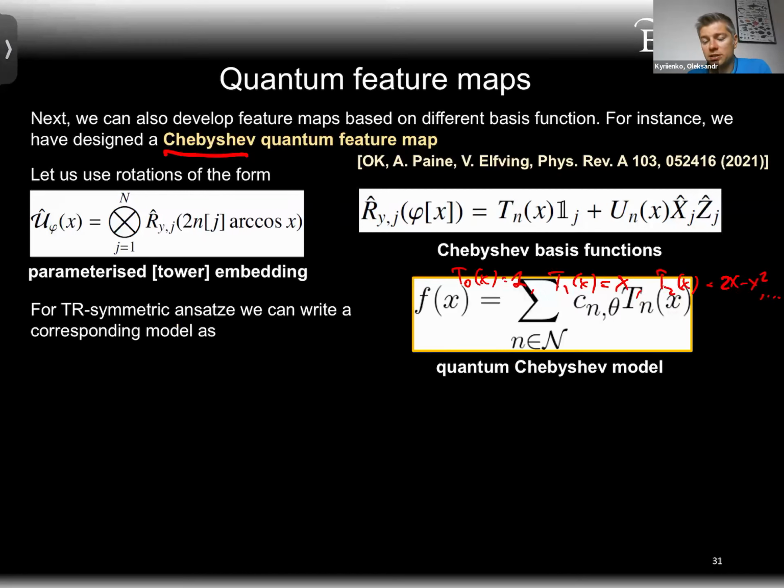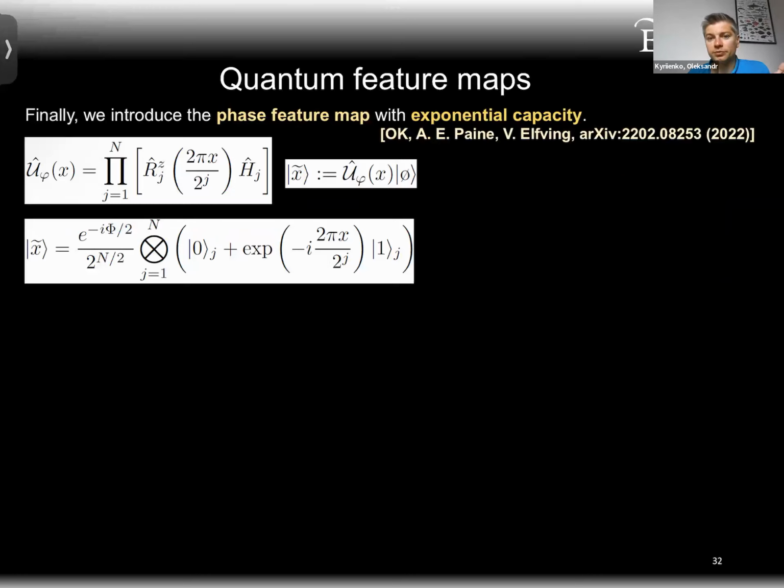These Chebyshev states can give a model with increasing degree, with maximal degree dependent on how many times you applied your rotations and what the prefactor was. In this, what we call the Chebyshev tower case, you will have a highly expressive model.